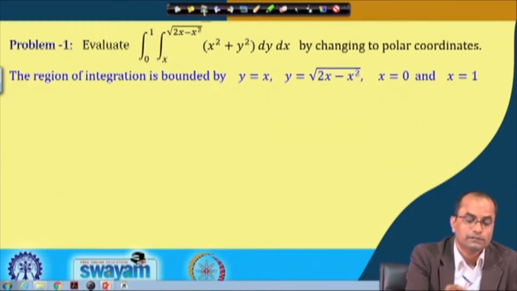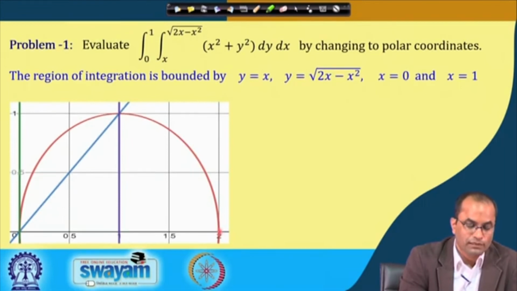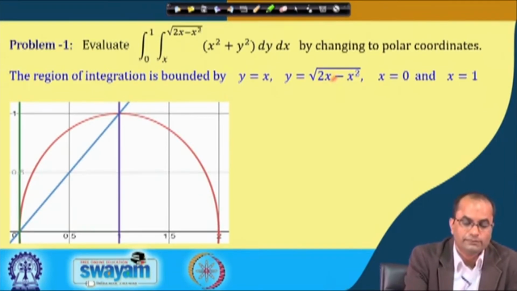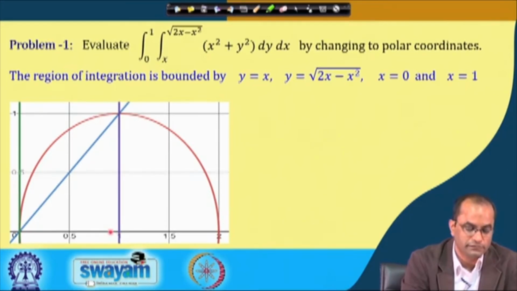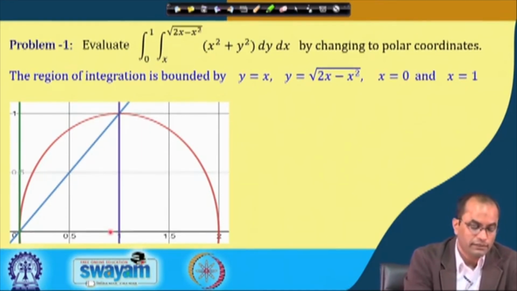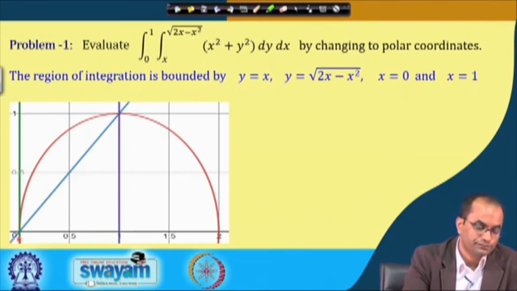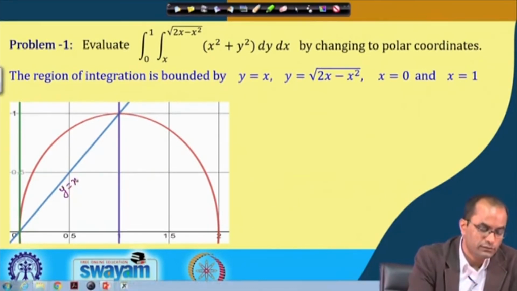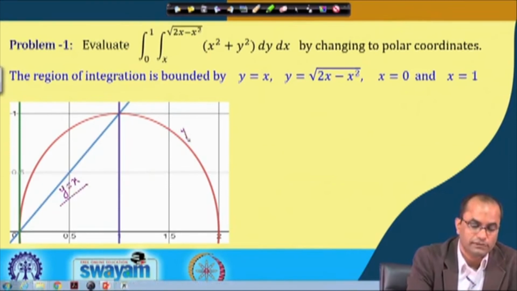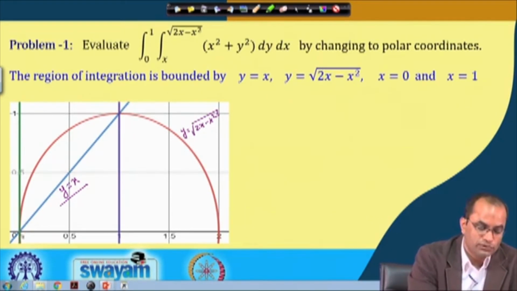So, we can draw this now. So, this is the circle which we have, the shifted one. So, the center is at 1 there, and now y is equal to x line. So, this is y is equal to x line, and we have the circle here, y is equal to square root 2x minus x square, and x goes from 0.